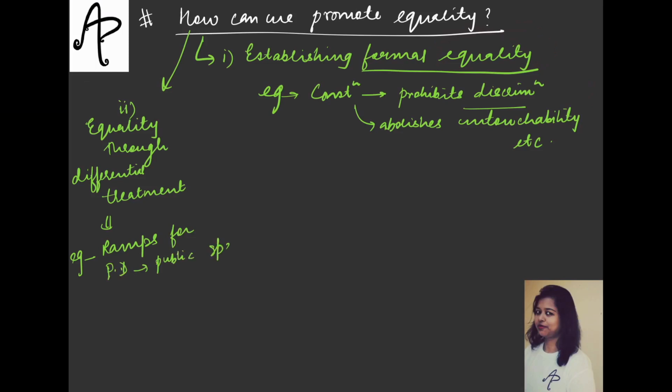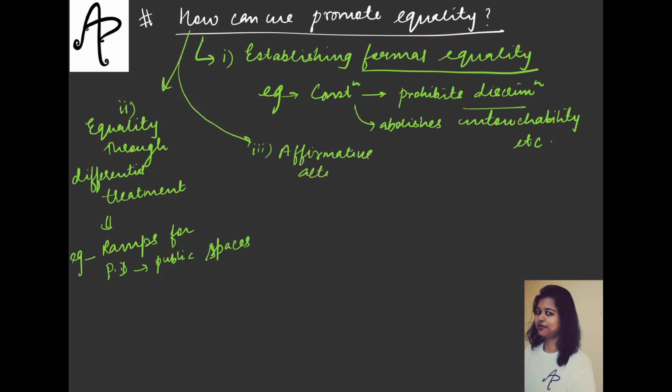This is a very genuine treatment that you would give them, even if it is differential. But by giving this differential treatment only, you can ensure equality for them. So you cannot call this an infringement of equality, because we are trying to rather enhance equality in this case. Then another, resulting from this differential treatment only, would be the concept of affirmative action.